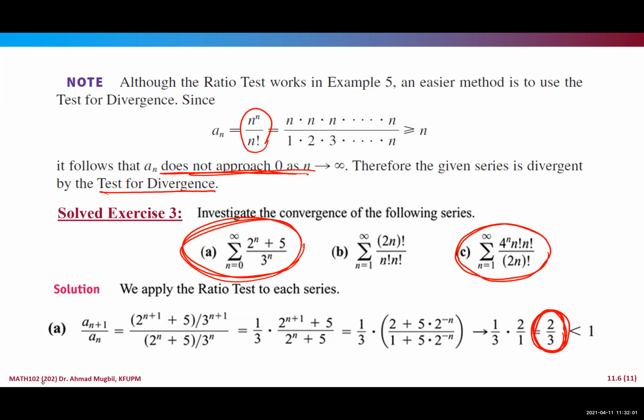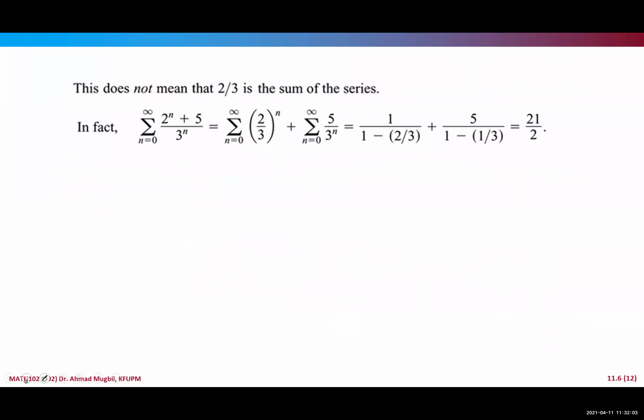So what you can do is write it as a sum of 2 to the power n over 3 to the power n, which is 2 over 3 to the power n, plus 5 over 2 to the power 3. 5 can go out, and here you have sigma of 2 over 3 to the power n. This is a geometric series, and this is 5 out, sigma n from 0 to infinity of 1 over 3 all to the power n.